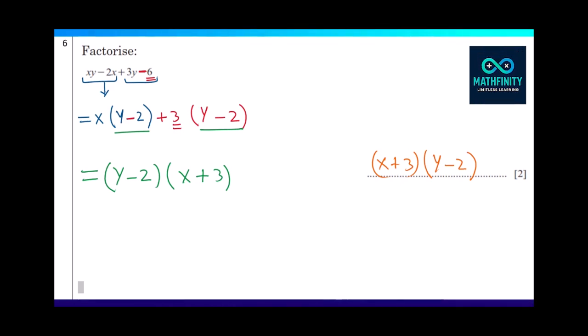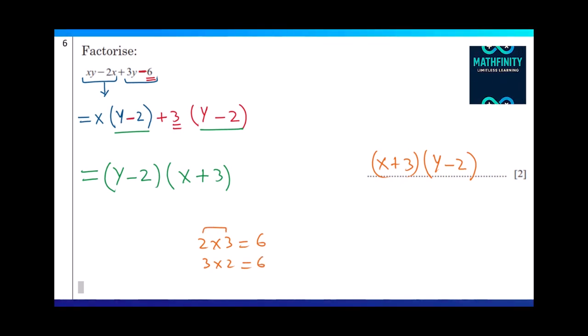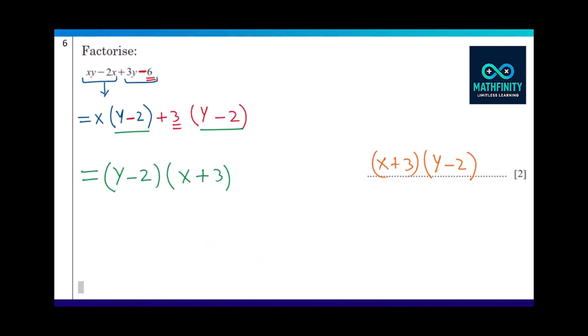In multiplication, you can rearrange because 2 times 3, the answer is 6, and similarly 3 times 2, the answer is the same 6. So in multiplication, you can rearrange the order. Hopefully, guys, you understand. If you have any doubt or any confusion, please discuss with me.